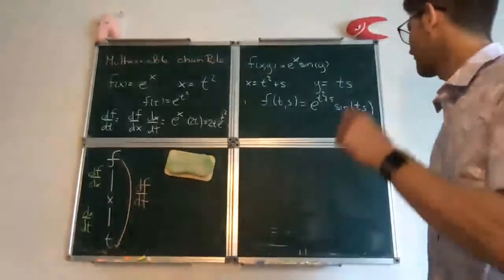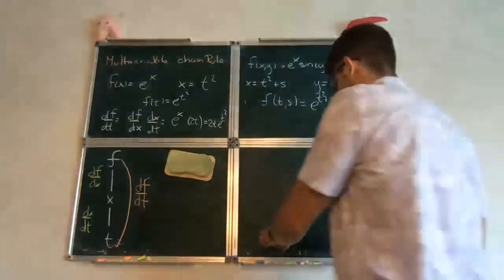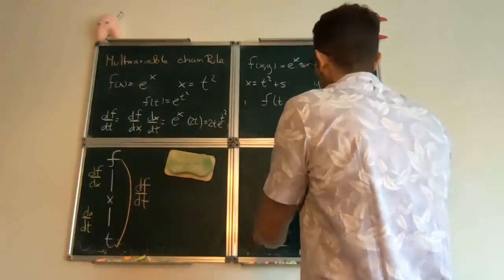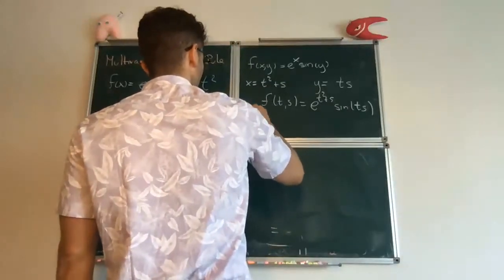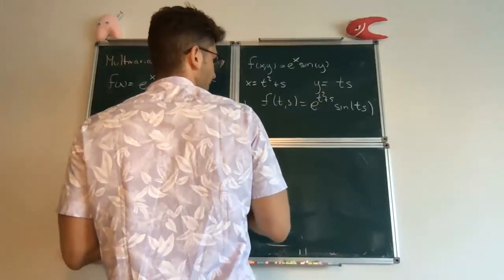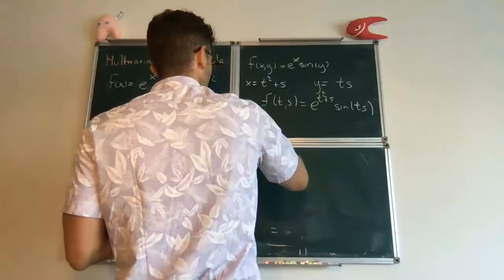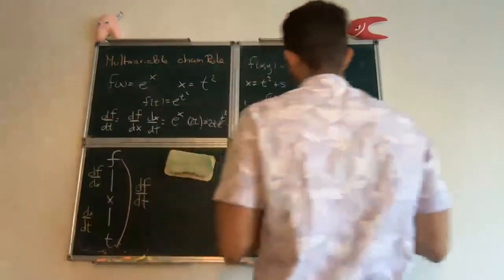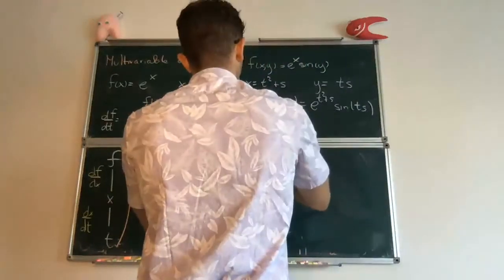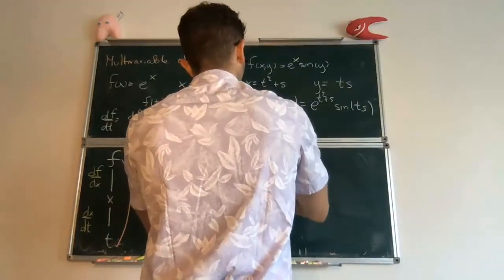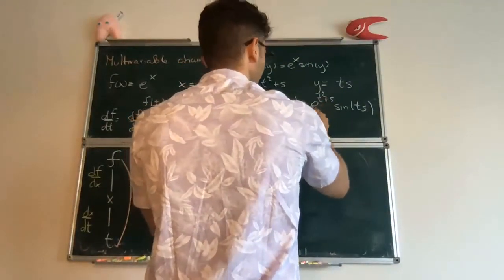So for example here, if you cheat and do the substitution, then you would say, oh, the partial derivative of f with respect to s, just to make one easy. Well, let's do both. The partial derivative of f with respect to t would be a product rule first.